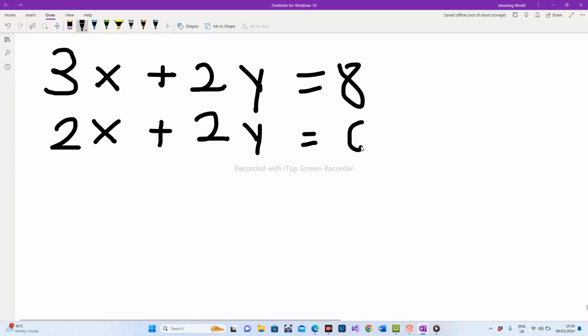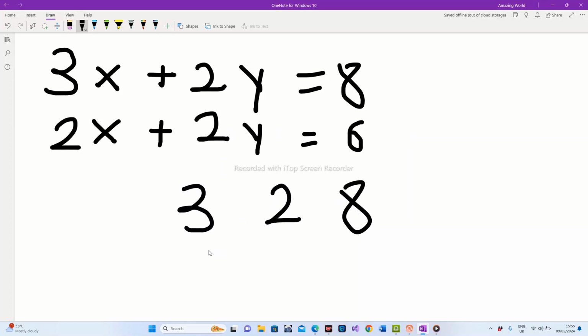I'm just slightly modifying the question to explain another scenario in which we can have this simple simultaneous equation.